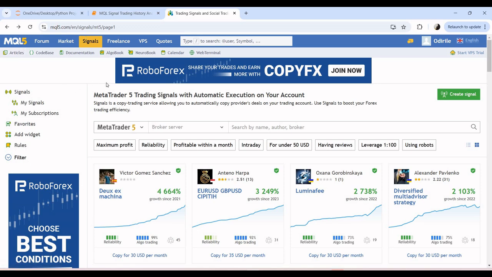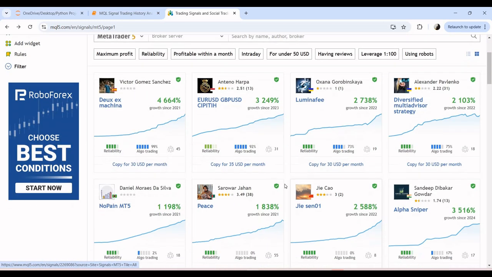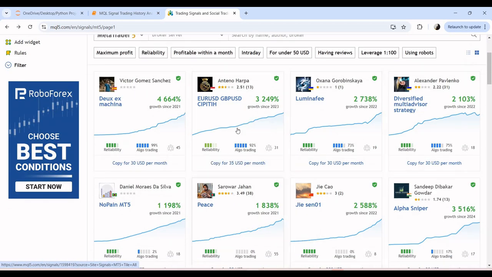And they also have a market, and part of this market is the signals market, where one can sell signals and allow people to copy your trades for a fee.